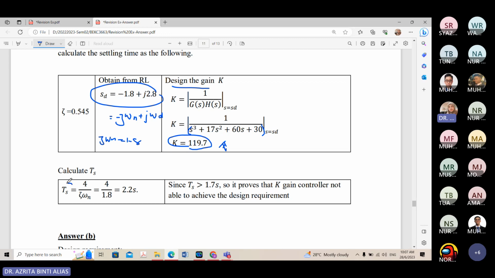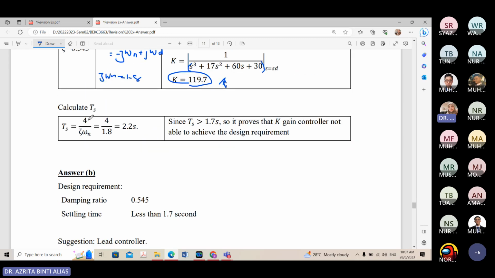Then we apply the formula of Ts, 4 over zeta omega n. So we obtain 2.2 seconds. So this is the proof that this controller cannot achieve the value of Ts less than or equal to 1.7 second, since the K here gives you Ts 2.2 second. Okay, so this is how we prove that the K gain controller is not able to achieve the design requirement.